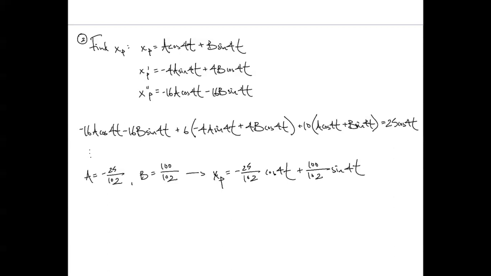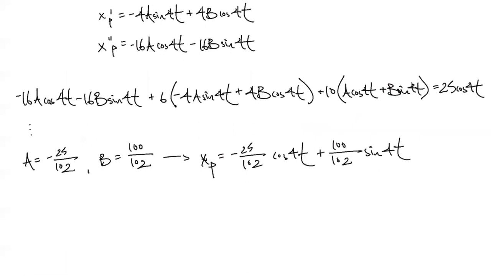Now, some people might be wondering why I didn't reduce the 100 over 102, because that definitely reduces. Sometimes we just pull out that common denominator, 102, so we don't have fractions inside. But it's really up to you how you choose to write that.